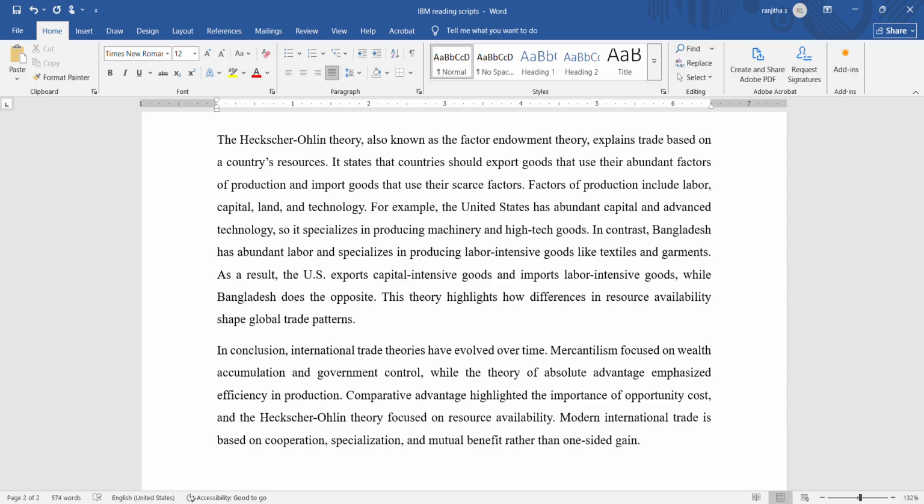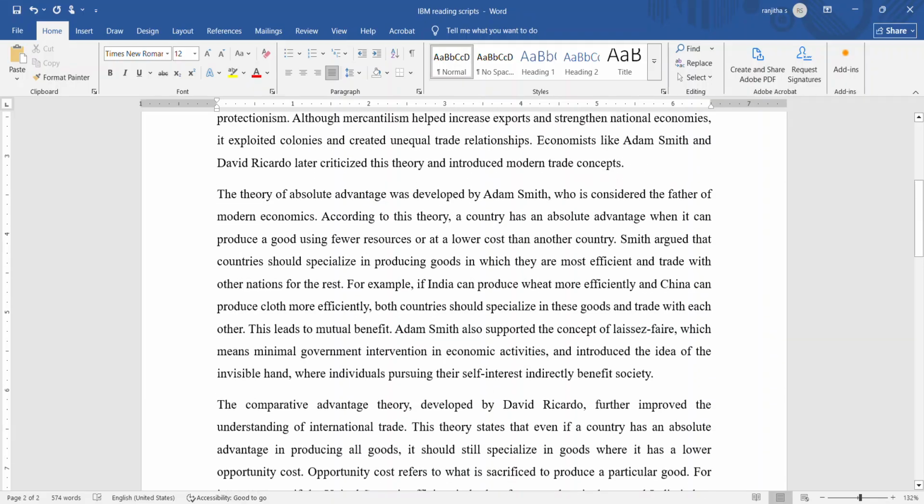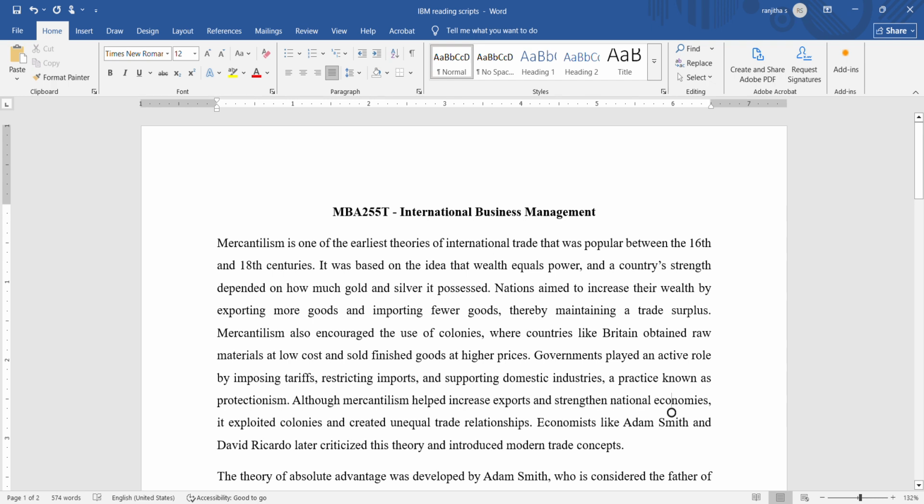And the Heckscher-Ohlin theory focused on resource availability. Modern international trade is based on cooperation, specialization, and mutual benefit rather than one-sided gain. Thus, these are the four important aspects of trade theories which I would like to highlight for today's presentation.